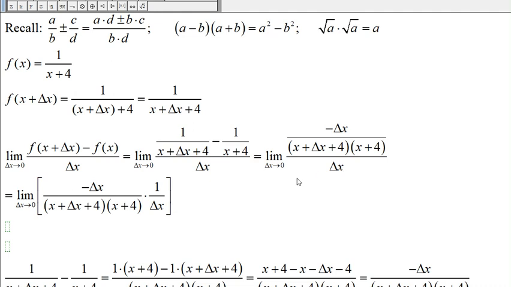Dividing by delta x is the same as multiplying by 1 over delta x. Delta x divided by delta x is 1, and we have a negative right here, so it'll be negative 1 times 1, which is negative 1. And in the bottom, we have this.